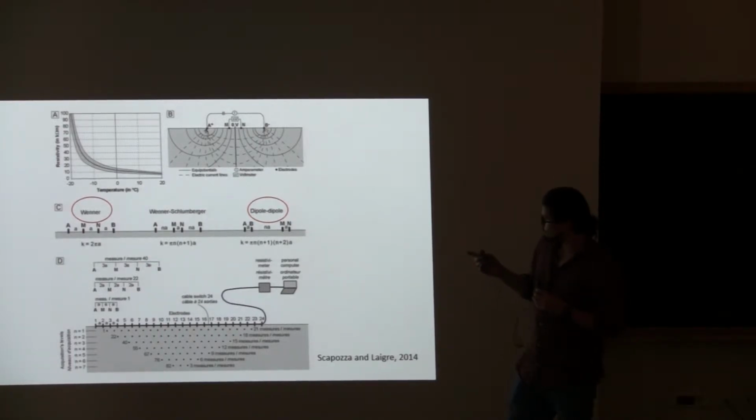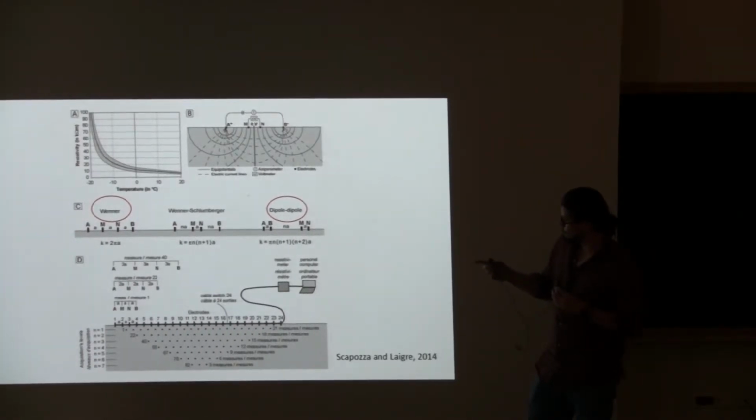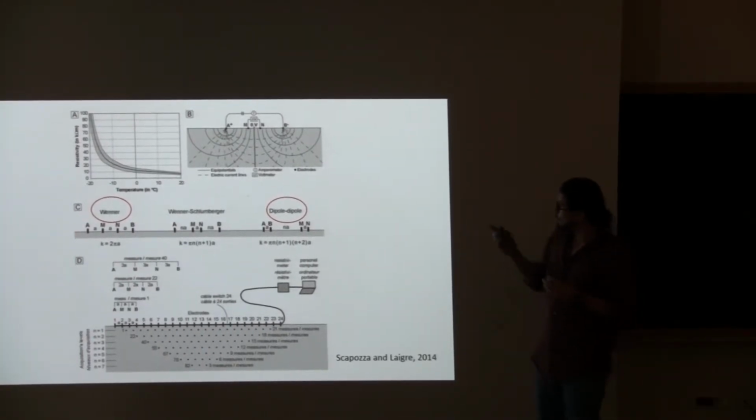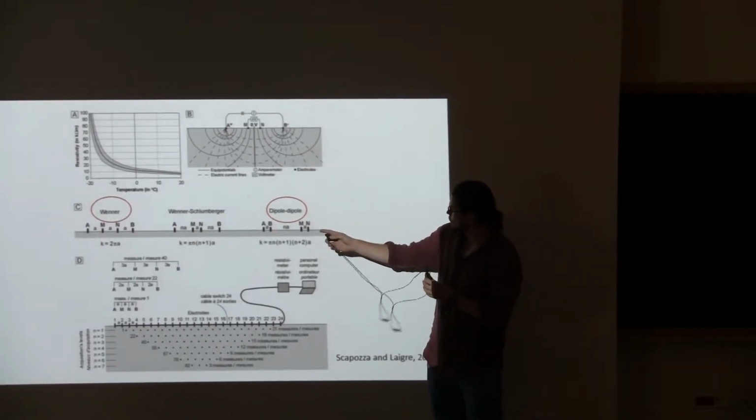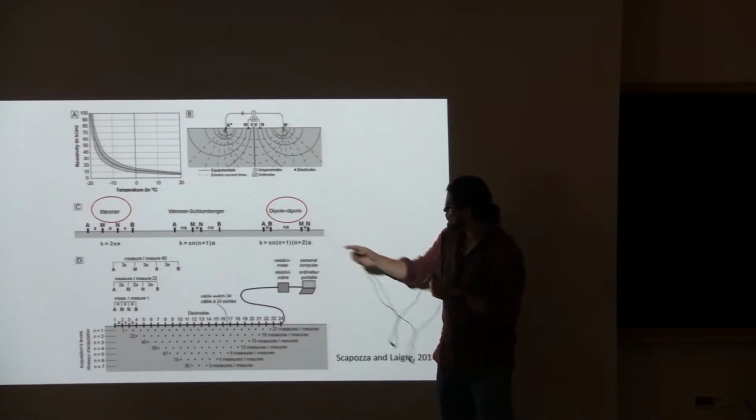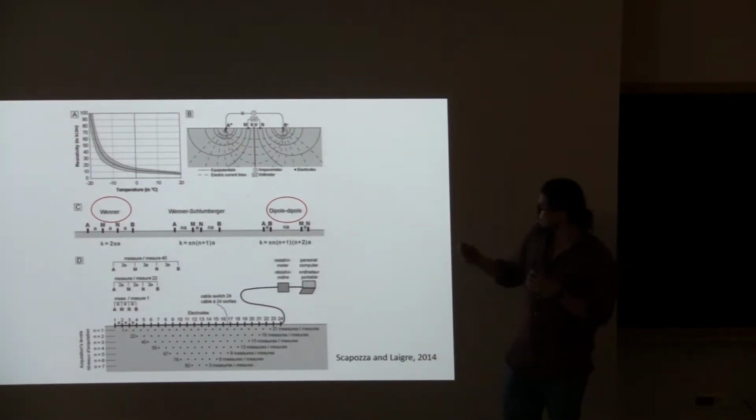You do this for different distances and different positions, and you obtain points at different locations. There is also the dipole-dipole, which is almost the same thing, but you inject current in AB and measure at MN with a distance that is set differently.